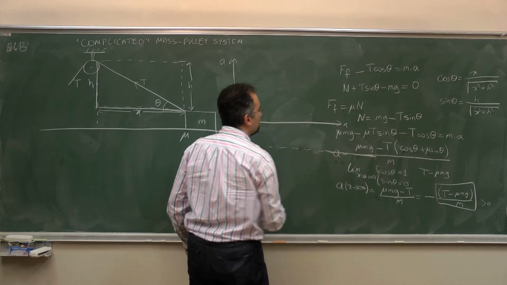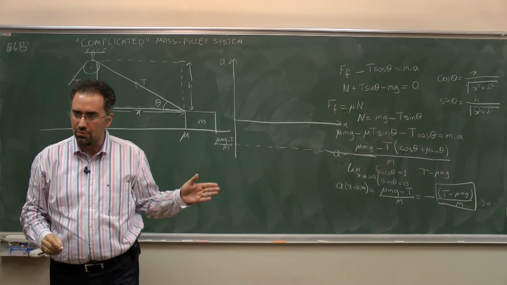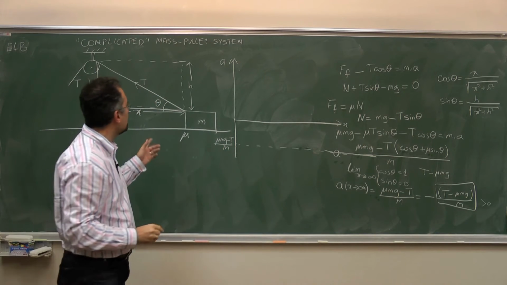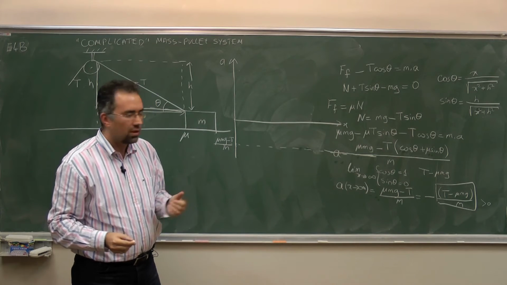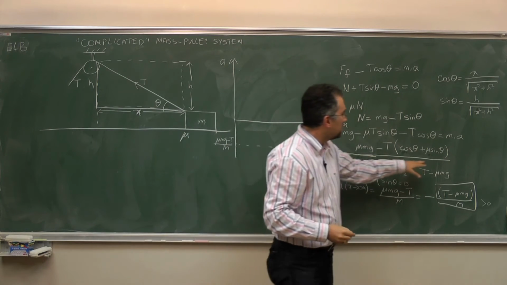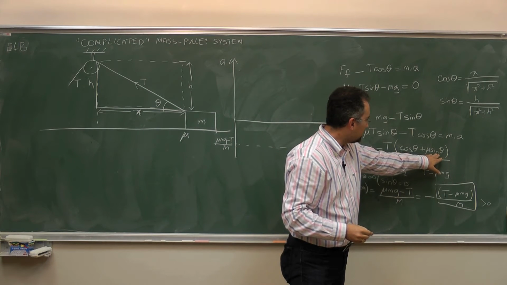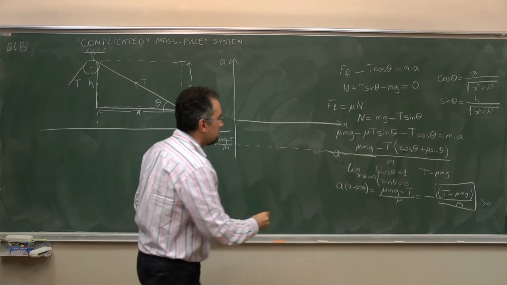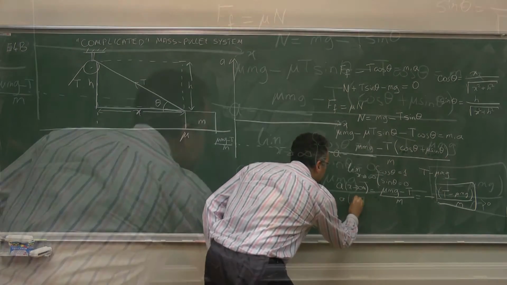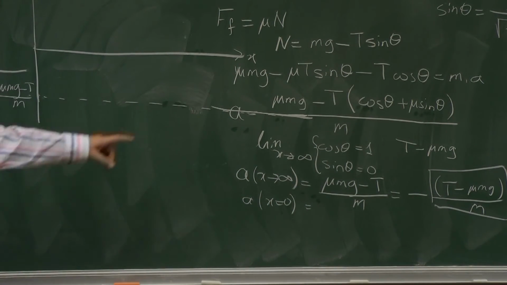You're going to start from here. What's the behavior at exactly x equals 0? At x equals 0, your theta is essentially 90 degrees, pi over 2. In which case sine theta becomes 1, and cosine theta is 0. So the acceleration at x equals 0 is going to be what?